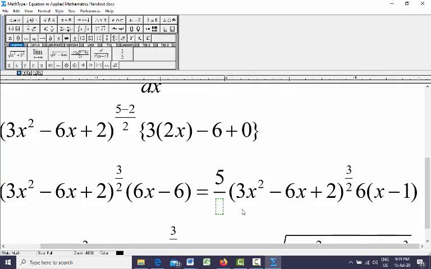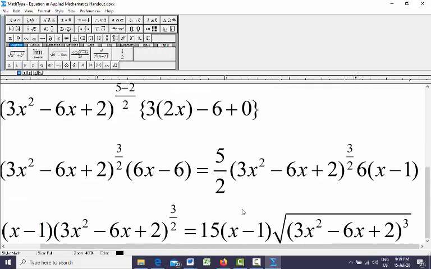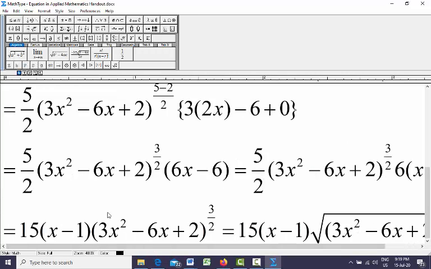So we will have 15 into x minus 1 multiplied by, so this 6 and 2 cancel each other out.